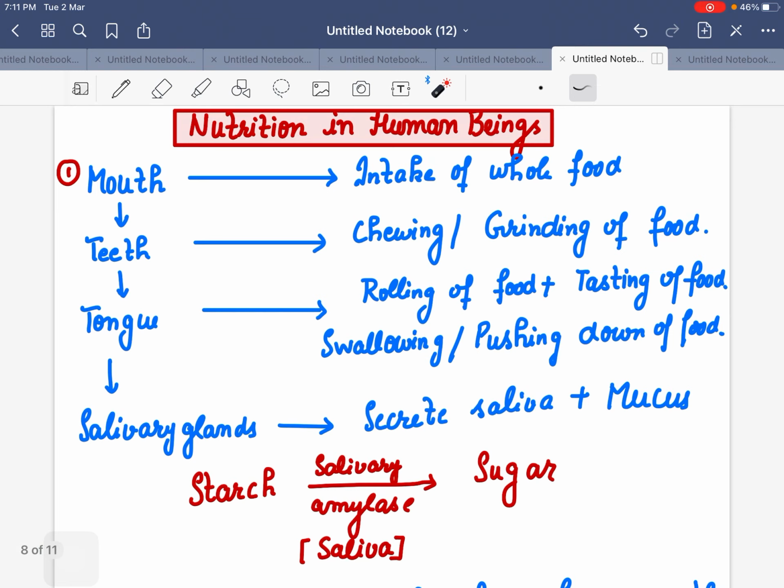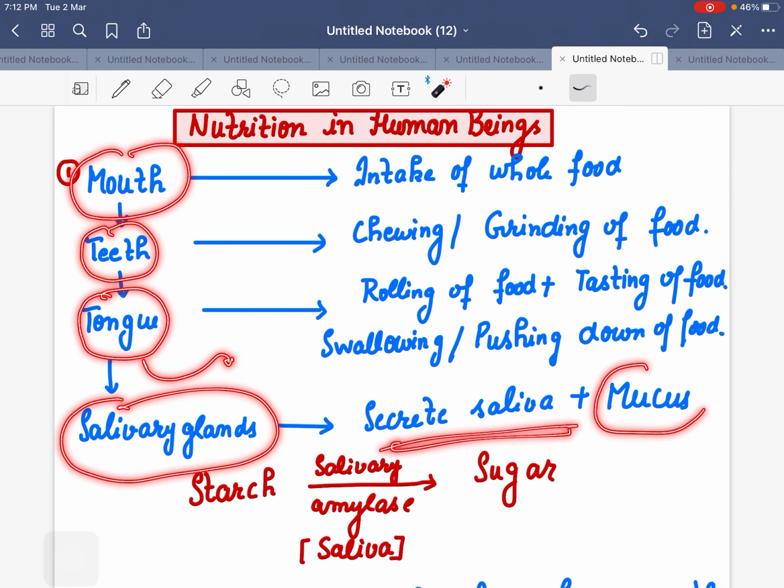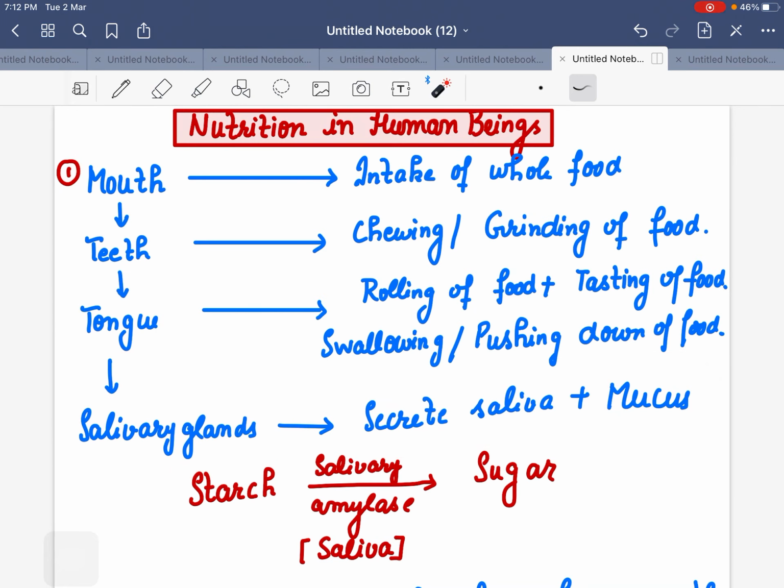So the first portion is clear: you have taken the food through the mouth. Then there are teeth which help in chewing your food. The tongue helps in rolling and tasting of food, or you can say pushing down of your food. Salivary glands secrete saliva, plus the mucus, which is the wet slimy material, and this saliva has an enzyme.